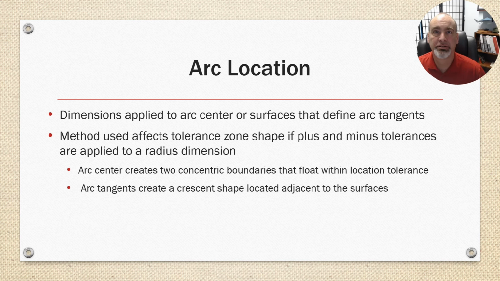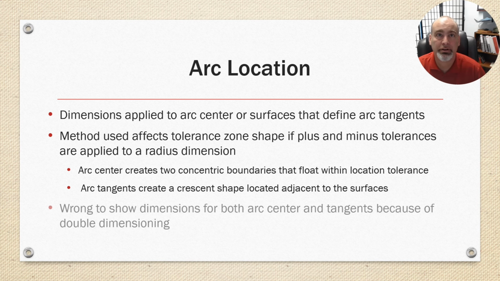Arc tangents can create a crescent shape located adjacent to surfaces if dimensioned that way. So if you give them the tolerance to adjust the arc endpoints, and that's different than the profile, you can get an effect of gouging in those areas. So concentric boundaries are better from the radius dimension.